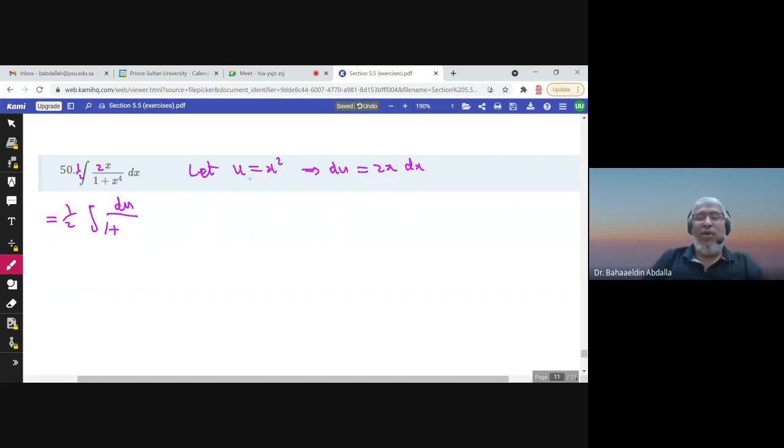Well, x to the power 2 is u. So x to the power 4 would be u square. Again, the integral of this is tan inverse u. And u is x squared.